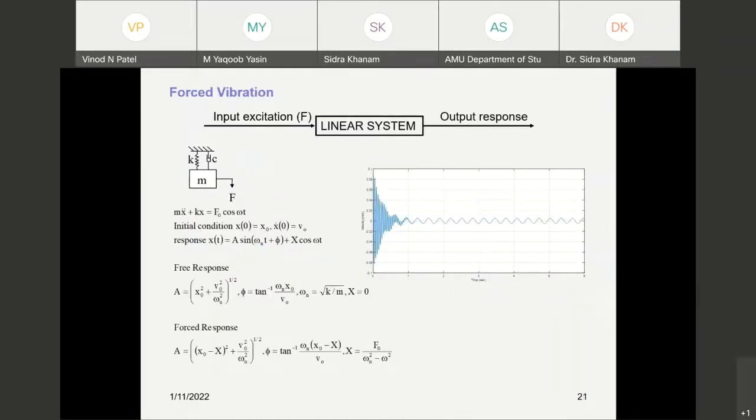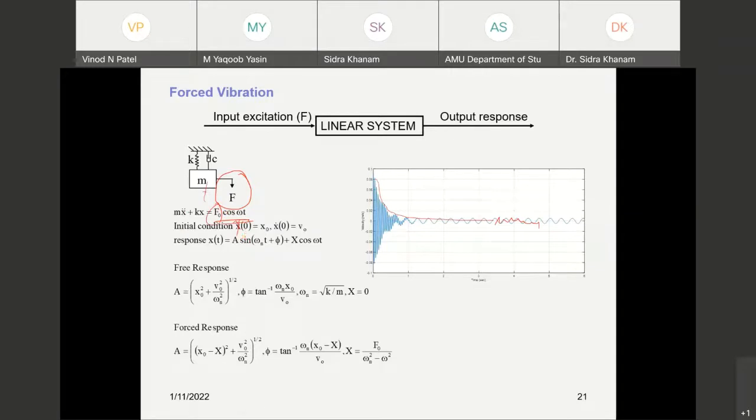Same way, suppose there is a forced vibration, some additional force acting over here. So the equation will be mx double dot plus cx dot plus kx is equal to f0 sine omega t. Here the vibration amplitude does not dissipate, but has some continuous value. It depends on the force applied and the application of the applied force.